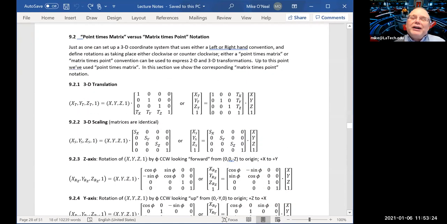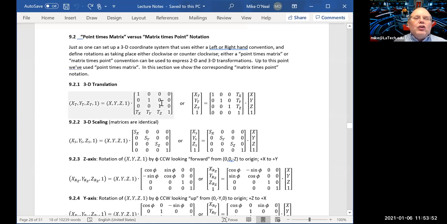To make things more fun, when you are using matrices, you can take a point and multiply it times a matrix to give you a point as a row matrix, essentially. This is the way I've been showing you everything so far in today's lecture about matrices.